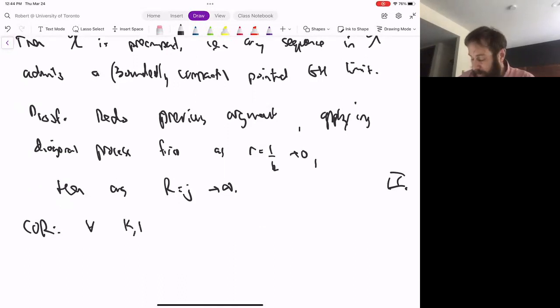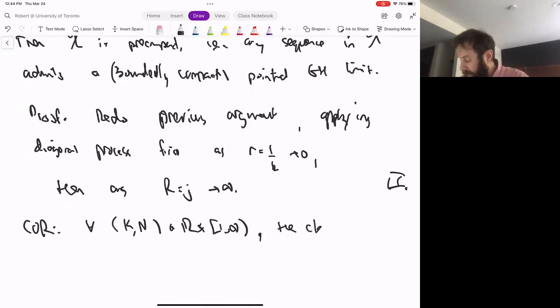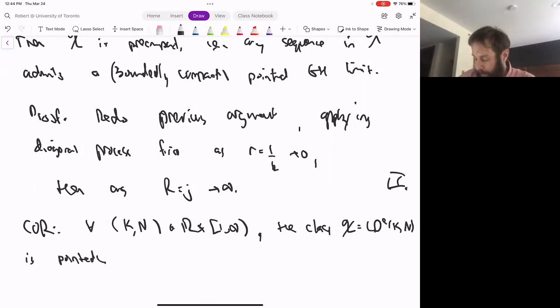For every fixed pair of parameters, curvature and dimension parameters, the class of CDKN spaces is pointedly, well, okay, it actually is pointedly GH compact, but we can't quite show that yet. Today we can only show it's pointedly Gromov-Hausdorff precompact.